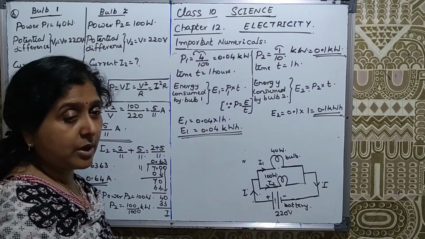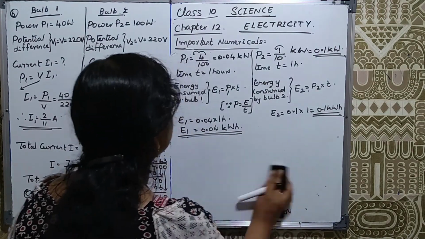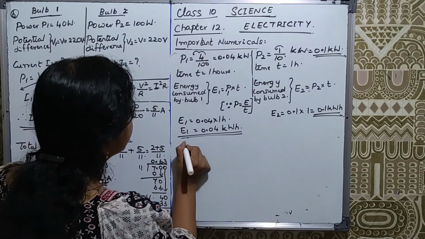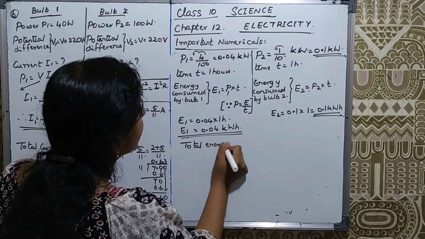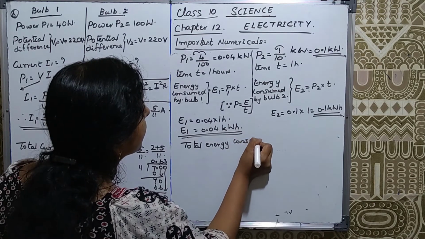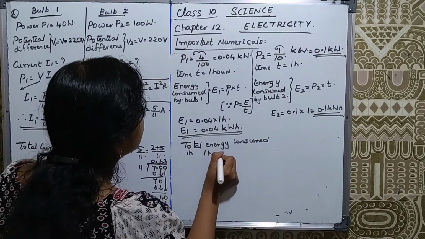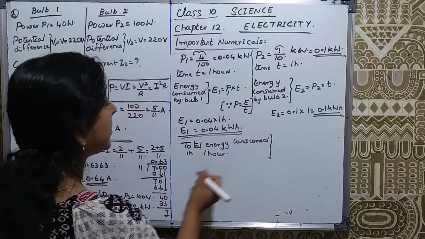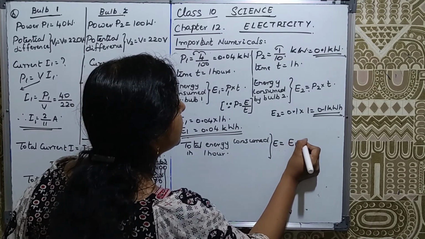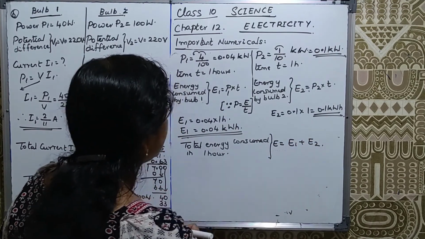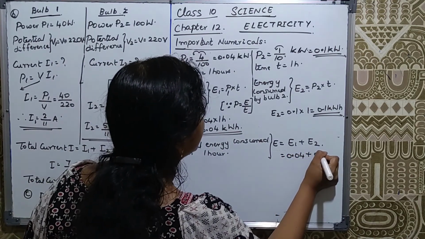Got the energy E2. Now you want to find the total energy consumed. Total energy consumed equal to E1 plus E2, in 1 hour as they told. So E equal to 0.04 plus 0.1.